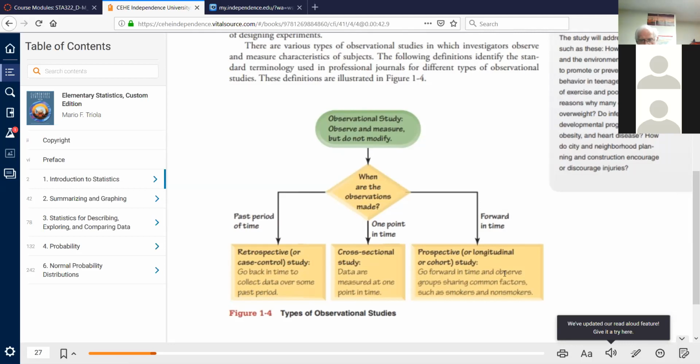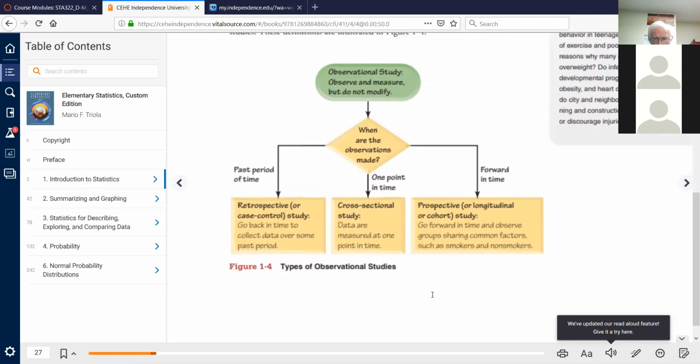But it started off looking at heart disease in an area in Massachusetts where they were looking at lifestyle choices and so forth. This has been going on for all this time. It has been a major factor in medical research. But that's definitely a prospective study.